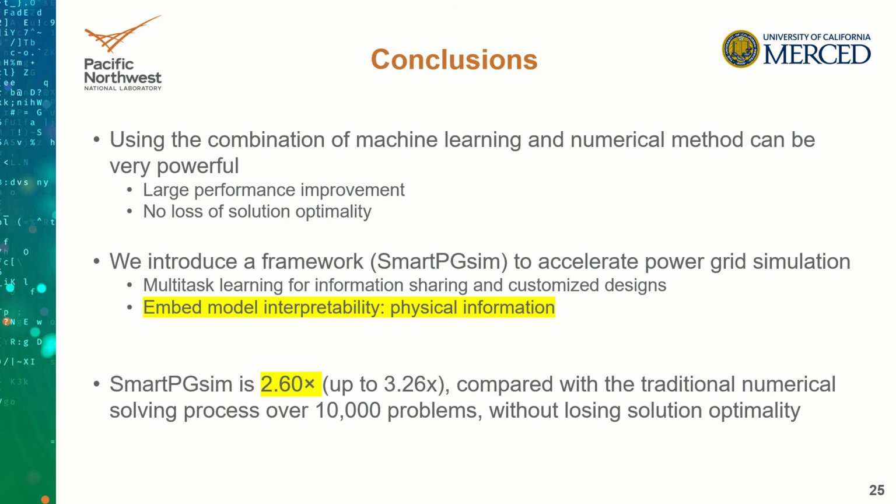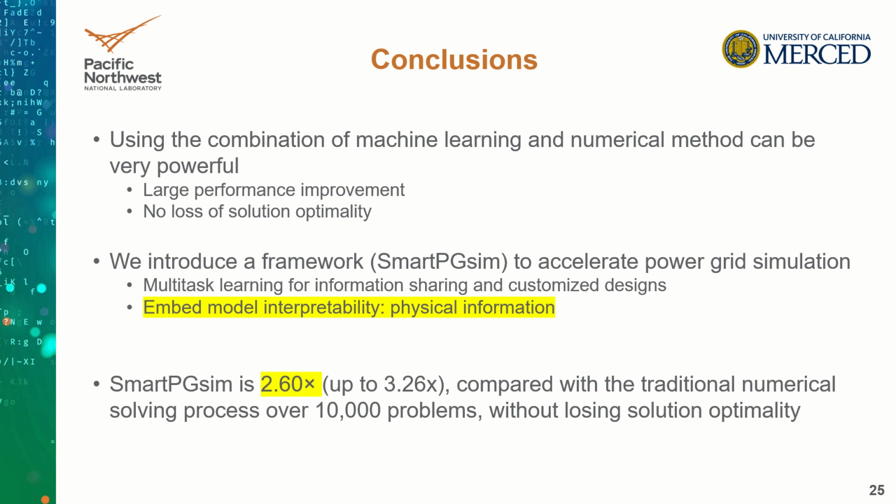Inside SmartPGsim, we use a multitask learning model for information sharing and customized design, which is very good if we have multiple tasks in our simulation. And also we enable model interpretability by adding some physical information instead of using a black box.